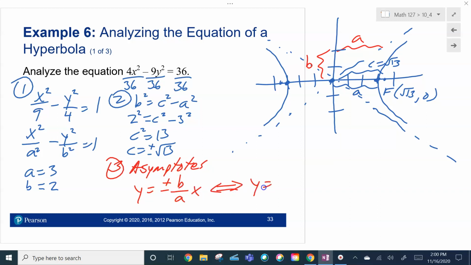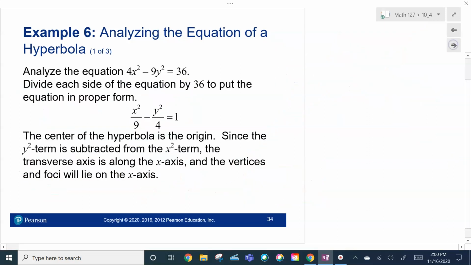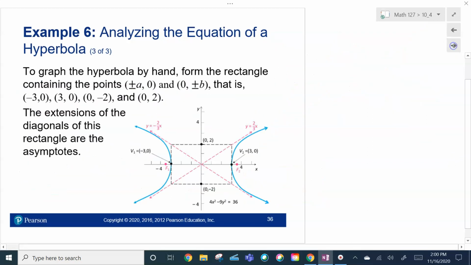So in this case, up 2 is my b, and 3 is my a. So here's my y equals 2/3 x asymptote, and here's my y equals negative 2/3 x asymptote, down 2, right 3. Okay, a little better picture of that.